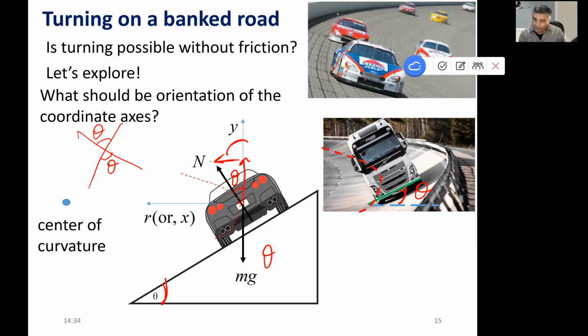Opposite, right? So that means it's going to be n sine theta. And this is going to be n cosine theta.